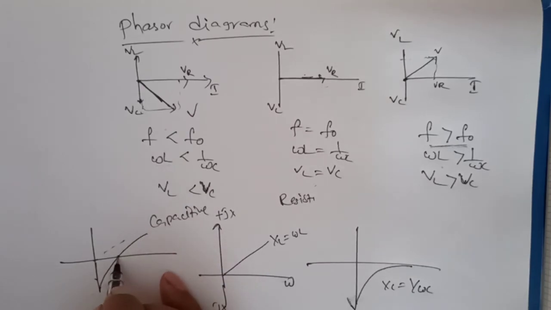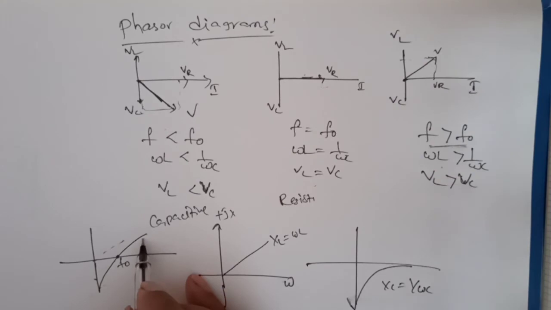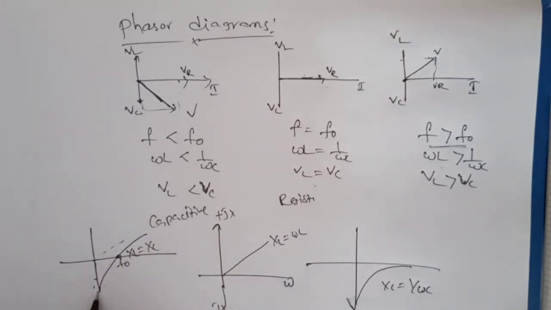At f0, complete series resonance, both get cancelled and reactance becomes 0. This is where XL equals XC. When frequency is 0, capacitor reactance dominates. When frequency is above the resonance frequency, inductor reactance dominates. At resonance it becomes 0. So this we can simply call the reactance curves.